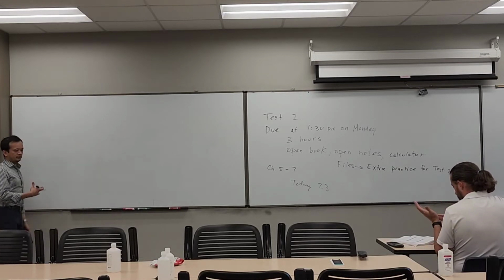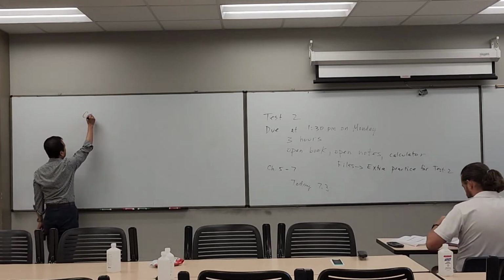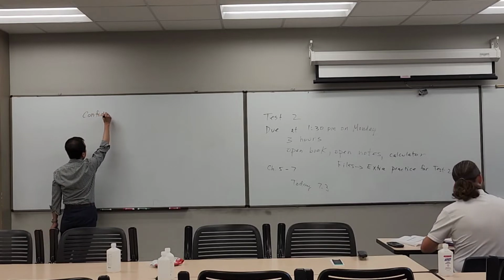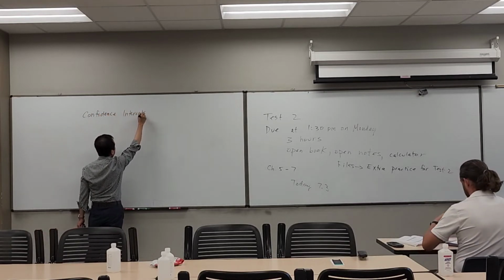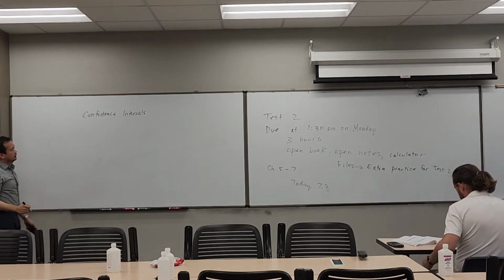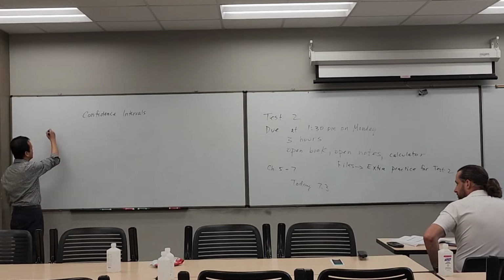So in the past couple classes, we've been talking about confidence intervals. The whole point of a confidence interval is you want to estimate some number about the whole population.